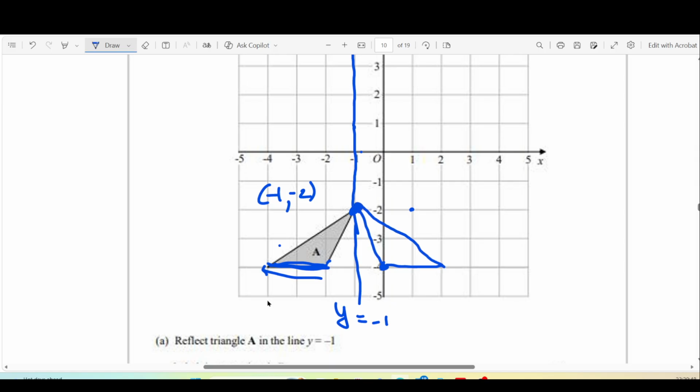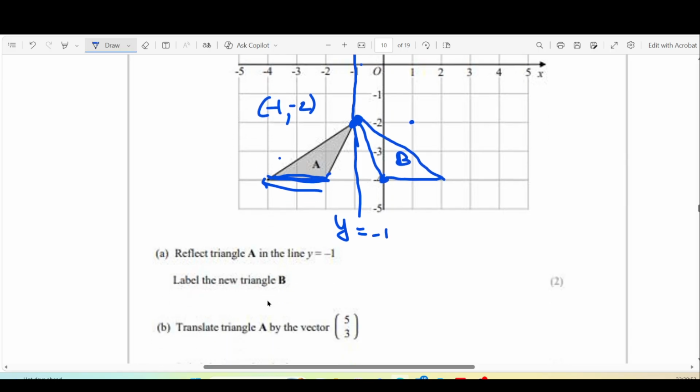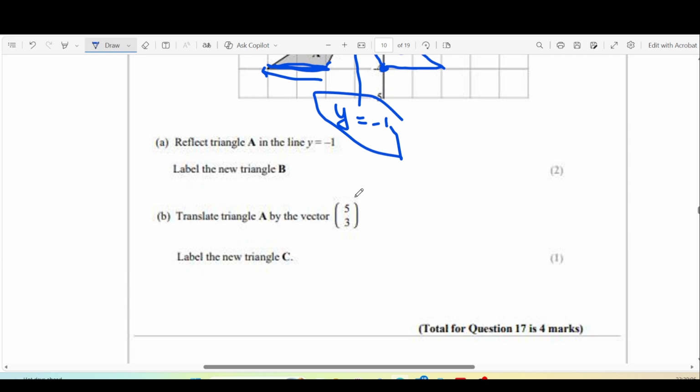So this is how the reflection will be, and this will be named as B. Basically we have to ensure the distance from the mirror line is equal on both sides. This is the mirror line, and the distance is the same, about this line.